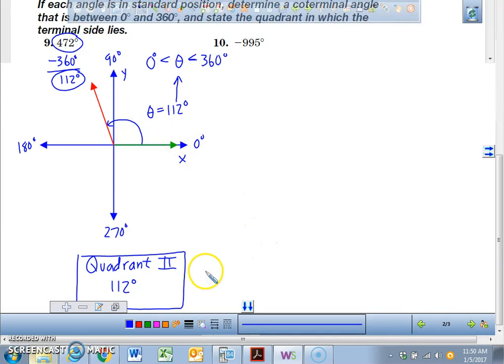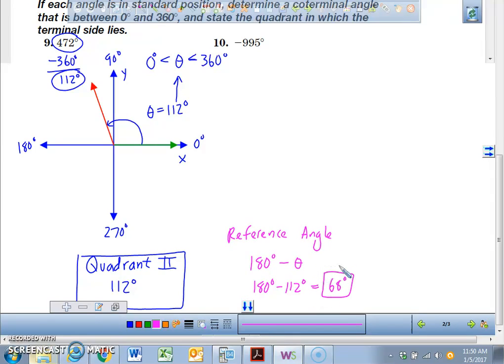Now, what did this not ask you about? This did not ask you about a reference angle. Well, what if I said, what is the reference angle? Since we're doing this in your journal, what would the reference angle be? 68 degrees, because you have to take 180 minus theta, which is 180 minus 112 degrees, which gives us 68 degrees.